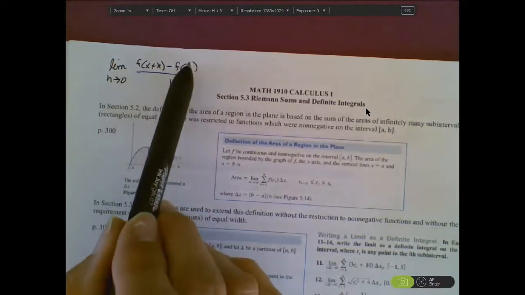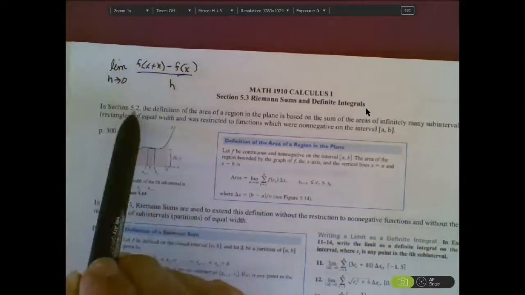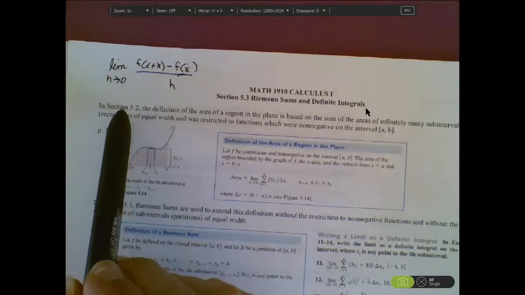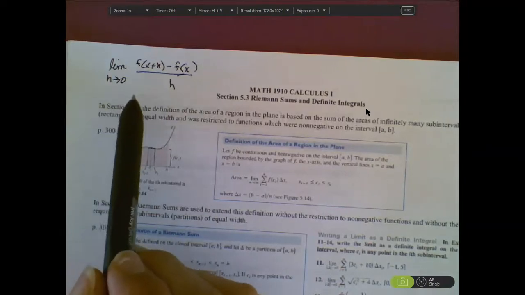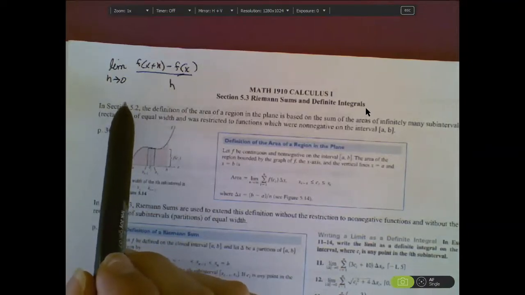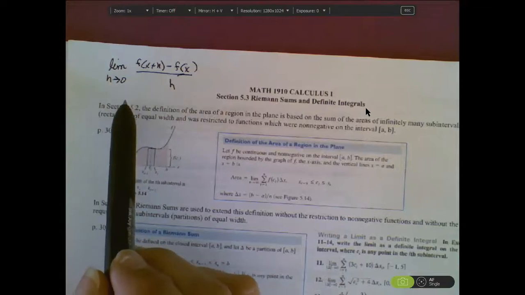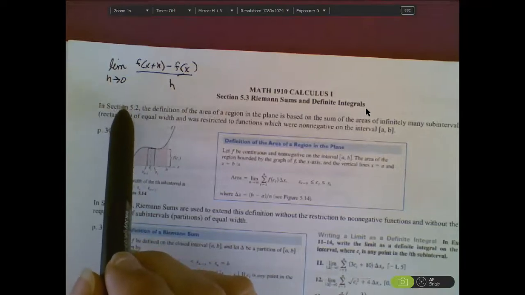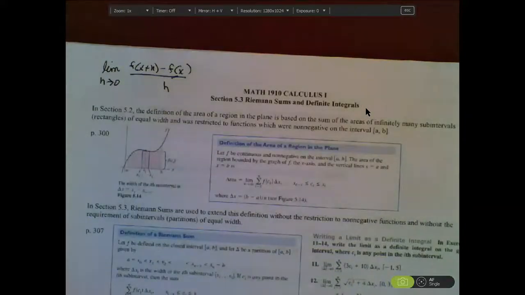So you found out that that gave you an instantaneous slope, an instantaneous rate of change, or the derivative actually gives you a formula for finding the slope of a curve at any point.